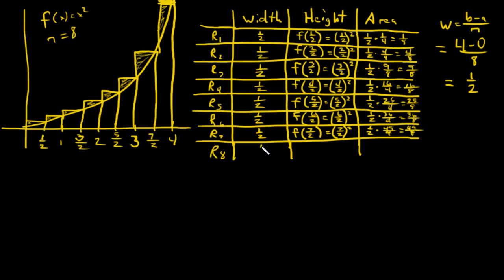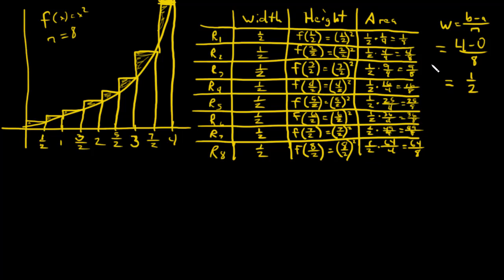And last but not least, 1/2. What do I feed in? I feed in 8/2. It's going to be 8/2 squared. So this is going to be 1/2 times 64/4, which is 64 over 8.